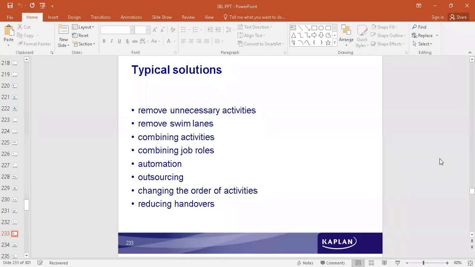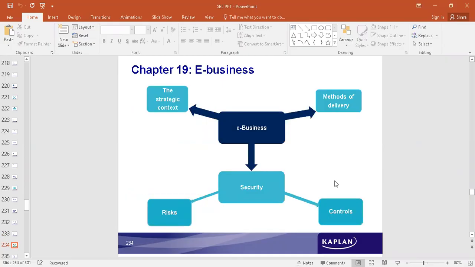Outsource a part of the work. Change the order of activities and reduce handovers. Too many changes in the work time would then cause a problem with the handovers. There are also frequent changes in the employment, that is, the turnover is very high. Ensure that the turnover is within the admissible level. Change the order of activities, reduce handovers.